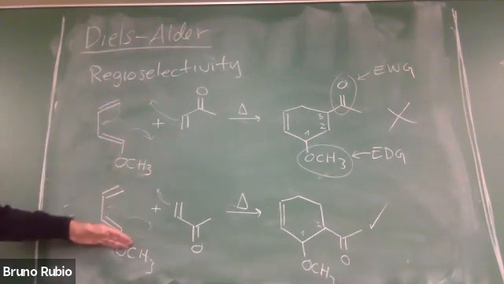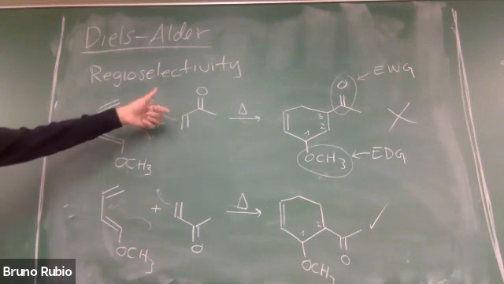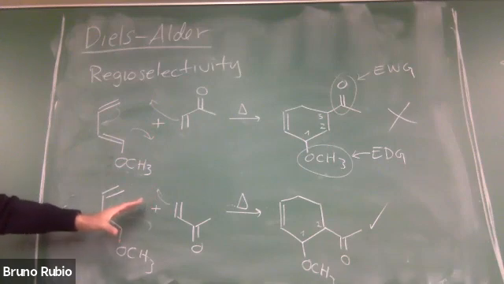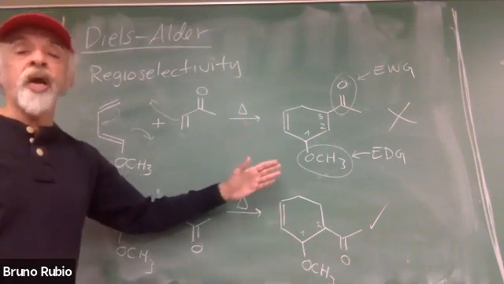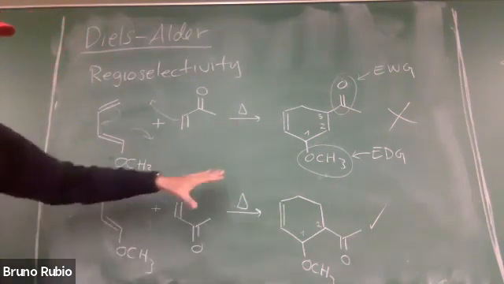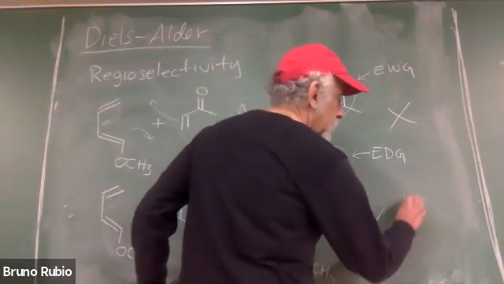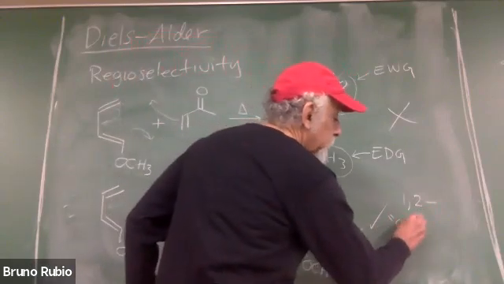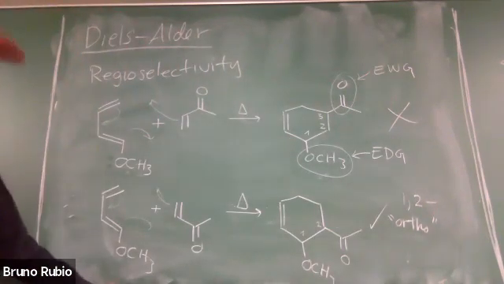This is the issue of regioselectivity. The dienophile can orient itself two ways, but the preferred orientation produces either the 1,2 or the 1,4 orientation of the electron donating group and the electron withdrawing group. I call this 1,2, but it's also called ortho-like. I don't like that term. So did you get that? 1,2 or 1,4?